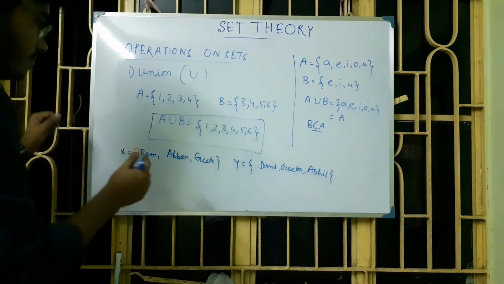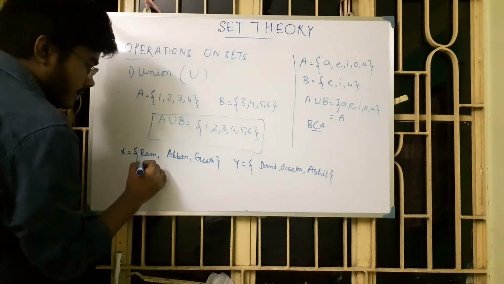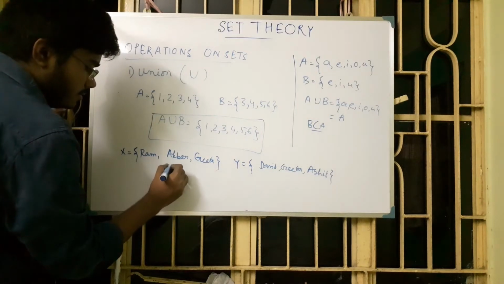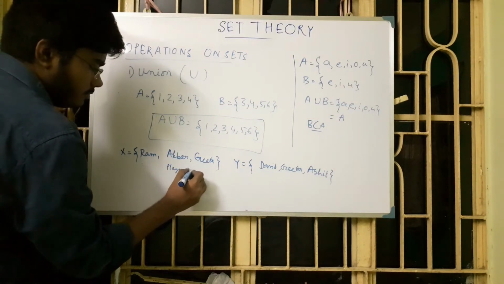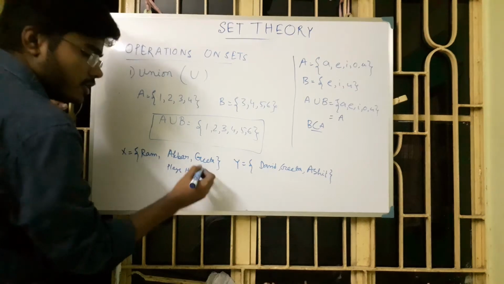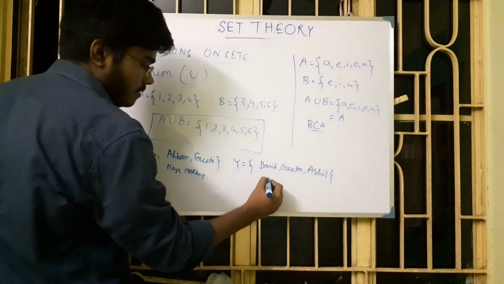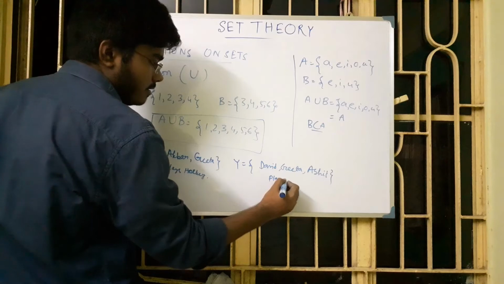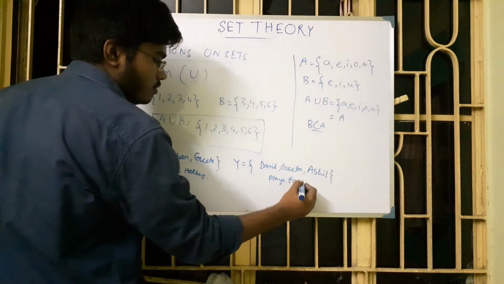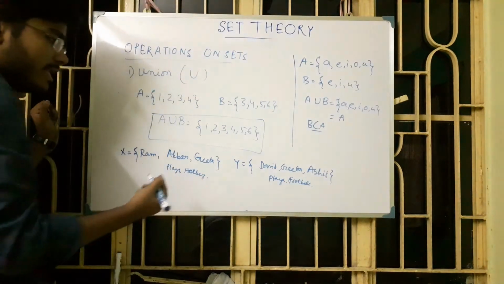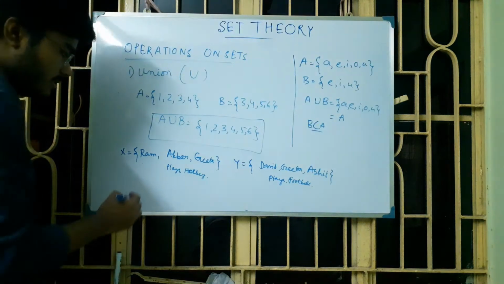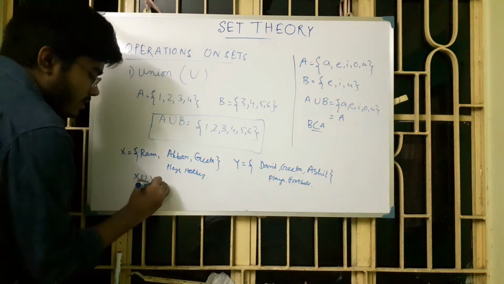so these three people play hockey, and these three people play football. So how many players are present in a class is X union Y, total players.